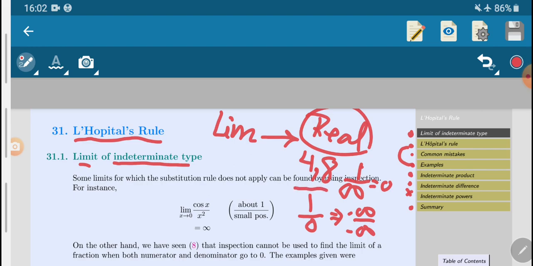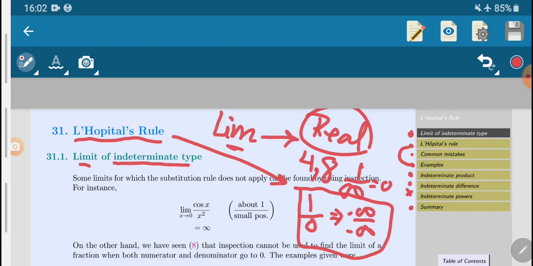For the second part, we're going to use the L'Hopital rule instead of some previous rules. Okay, what is meant by an indeterminate limit?